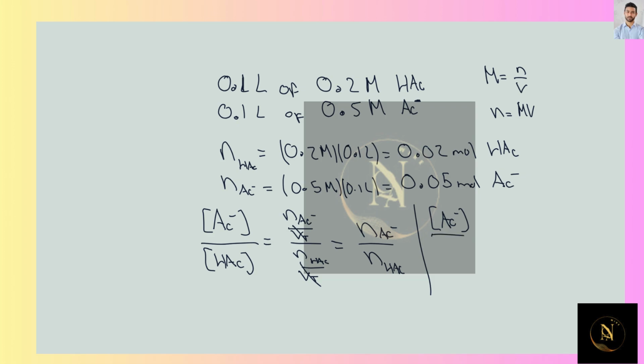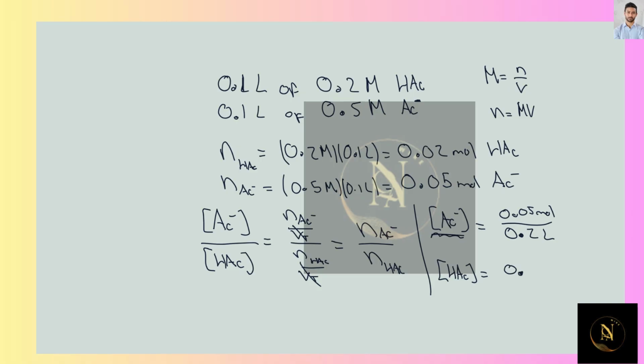Recall that the concentration would be the amount of mole divided by the total volume. Ac minus is 0.05 mole divided by the total volume. We mixed 0.1 liters of each of the solutions, so assuming that volumes are additive, divided by 0.2 liters.